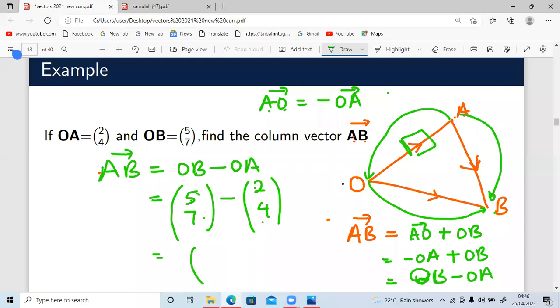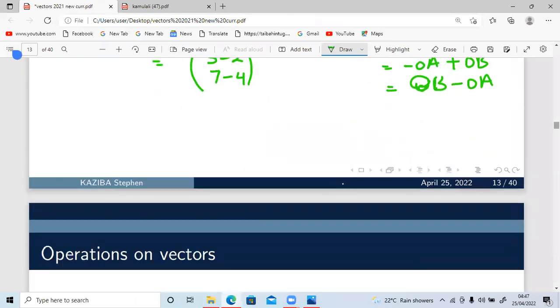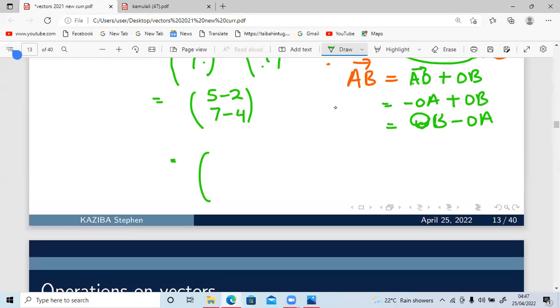So here we shall have 5 minus 2, then 7 minus 4. 5 minus 2, what do you get? 3. 7 minus 4? 3. Good. So our vector A to B will be (3, 3). Have we understood?